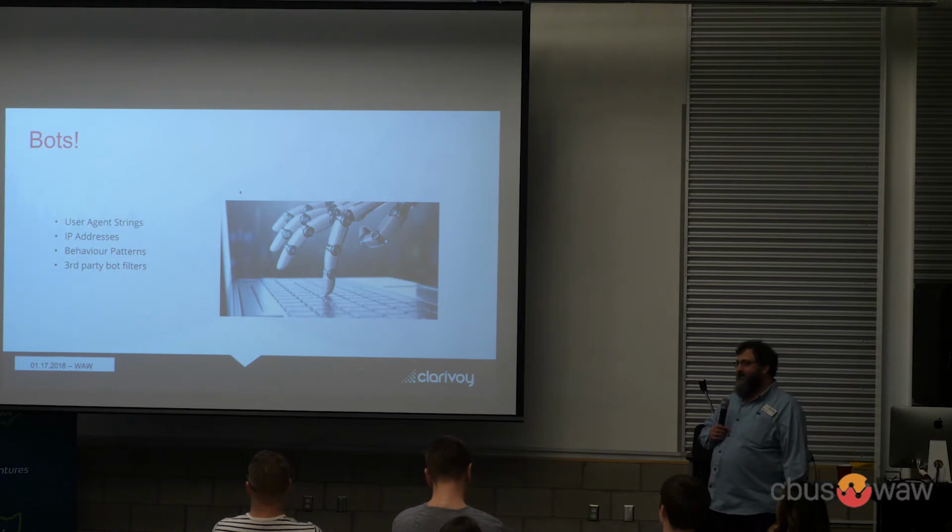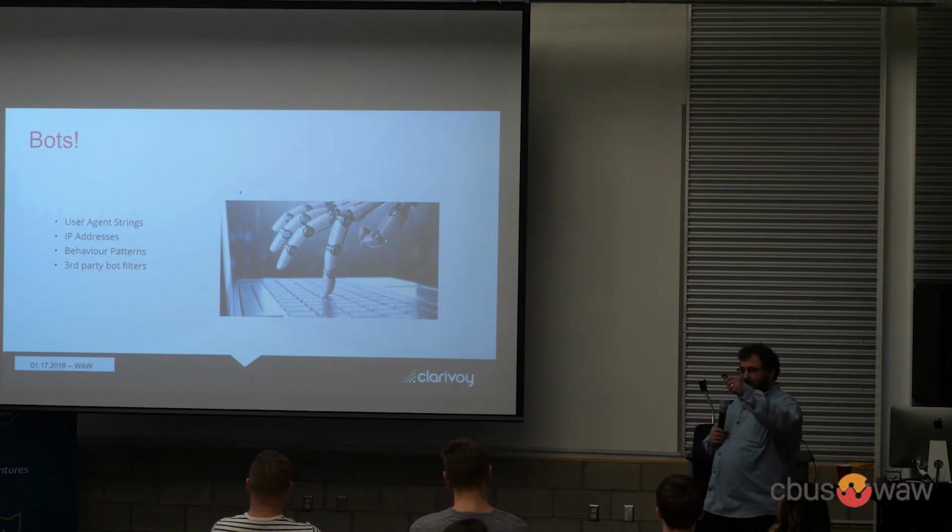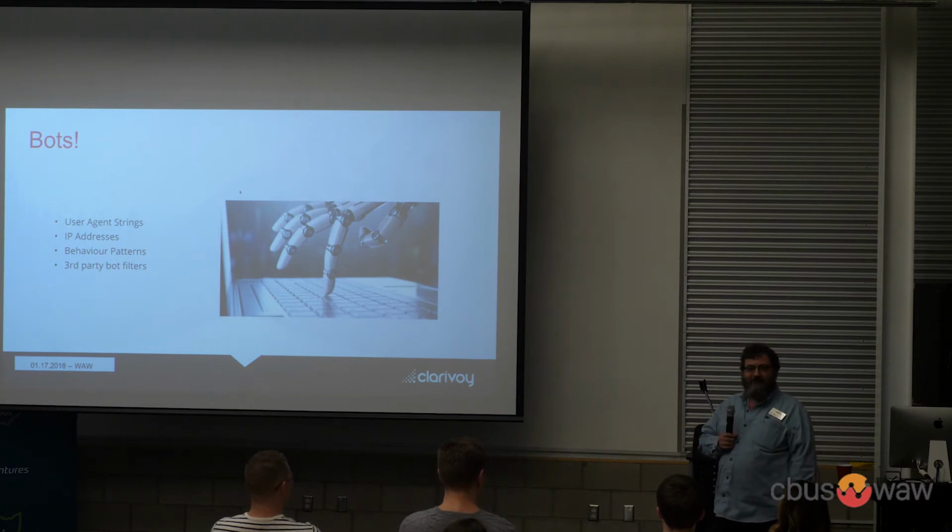If somebody comes into your site and they click on every single page, and every single page is exactly 15 milliseconds apart, chances are it's not a person doing that, especially because by the time you move your mouse from the top left to the bottom, you've already exceeded that limit. So there are some tools out there that will look at behavior patterns and identify bots and compare them to humans actually interacting on your site.